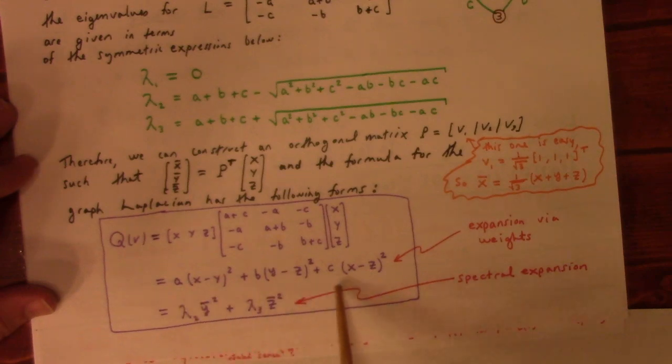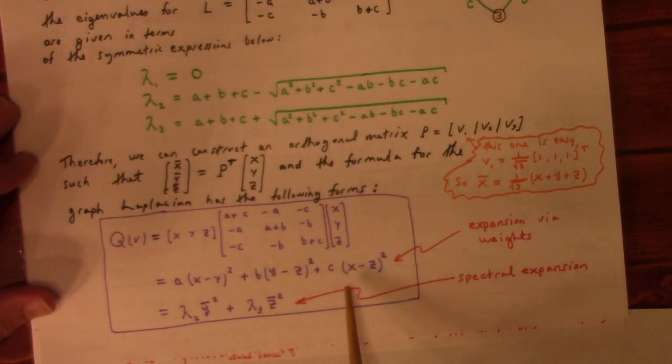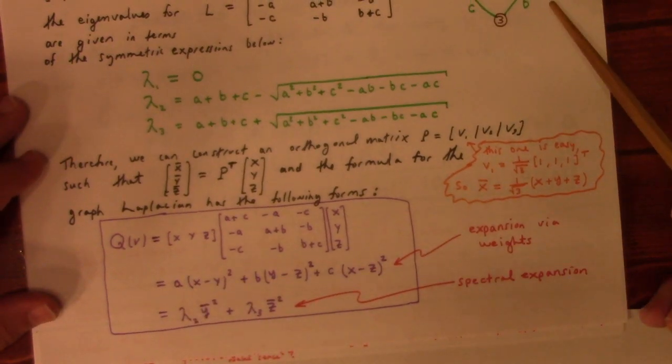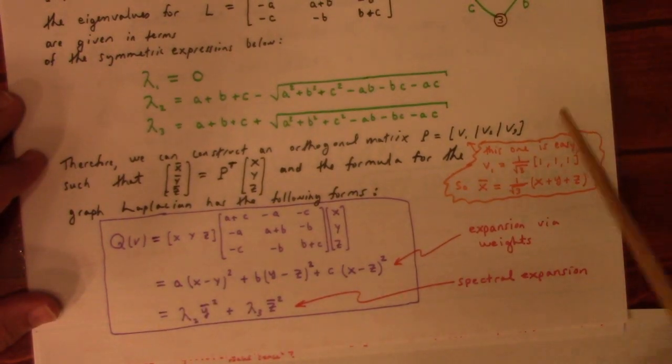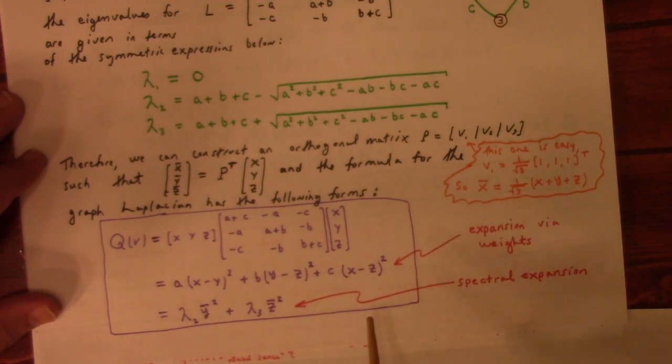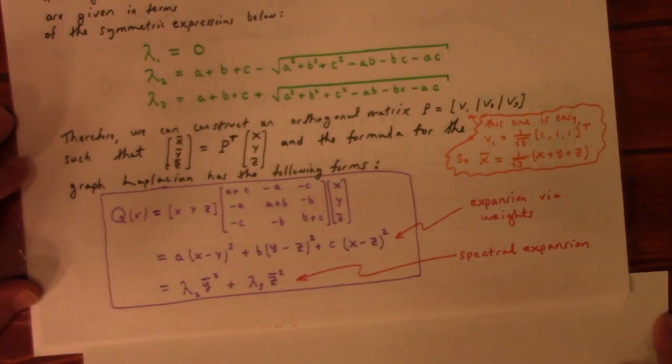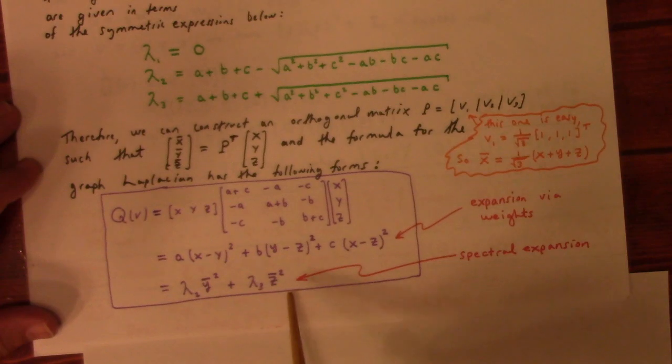This is the expansion by weights. That's so manifestly intuitive in terms of the given graph, right? Like, it's just what that means. It's clear. And the spectral expansion is very useful in terms of calculating things associated with a graph, because eigenvalues are so much of the formulas for interesting things we do with graphs.